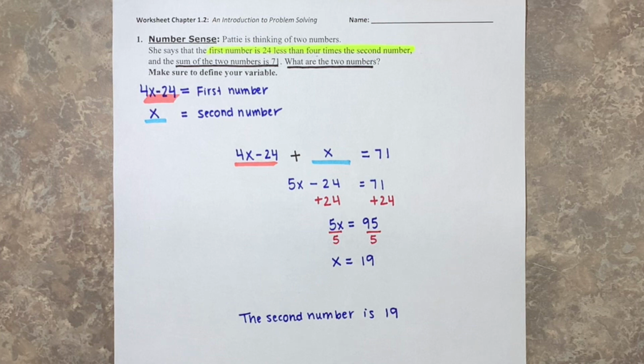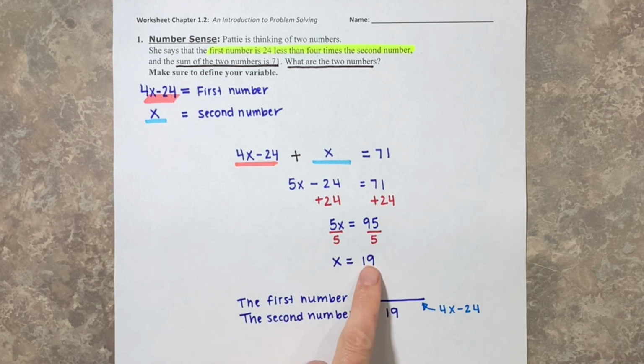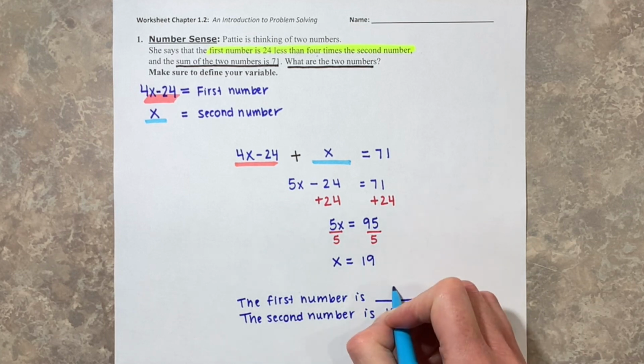Now, how do we find the first number? Well, if we look back up here, we said that the first number is 4x minus 24. We know that x is 19, so let's plug 19 in for x. And if we compute 4 times 19 minus 24, we get 52. So our first number is 52.